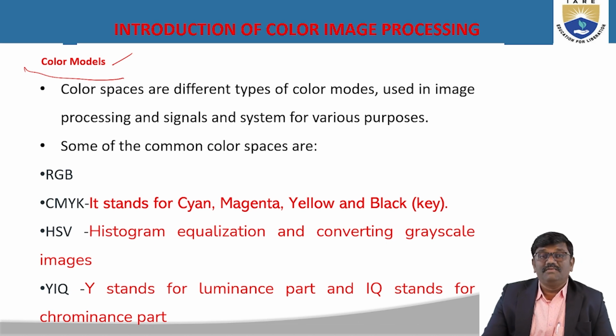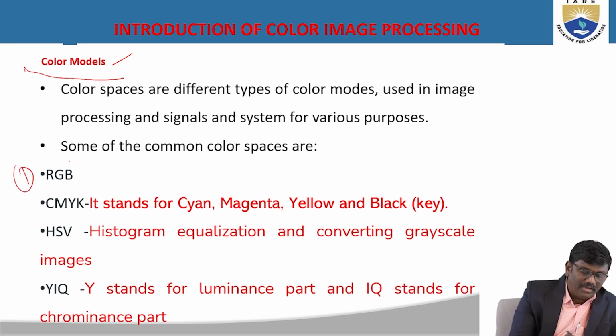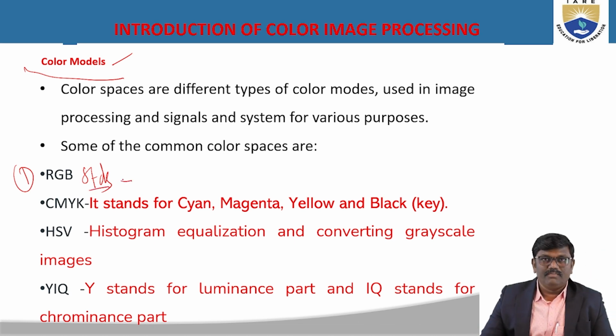Color spaces are different types of color models used in image processing and signals and systems for various purposes. Some of the common color spaces are, number one, RGB. RGB stands for red, green, blue.